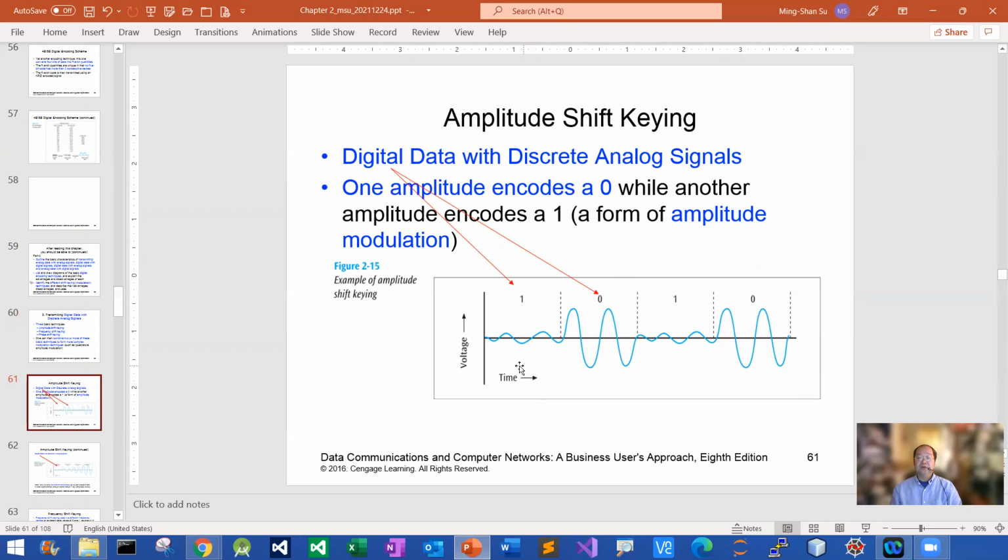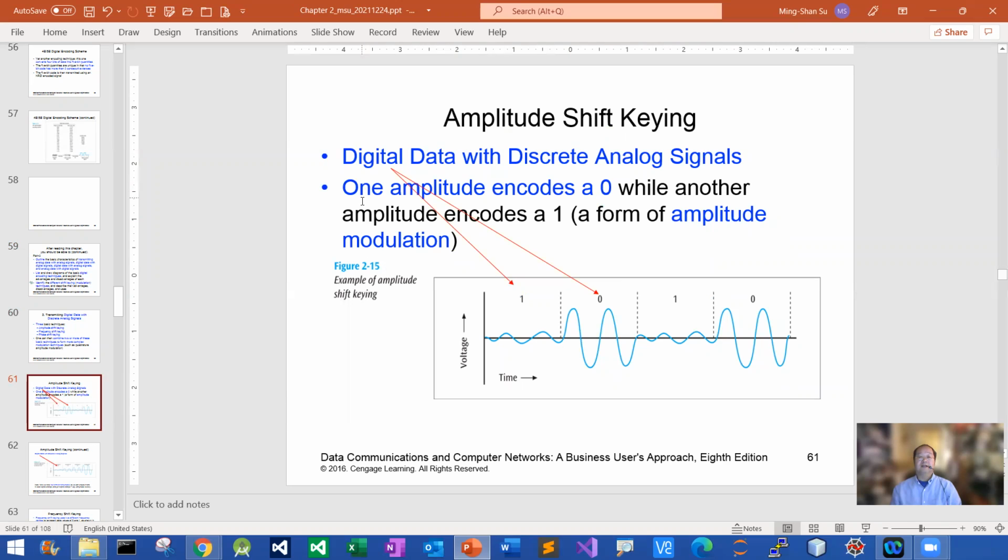If we look at the signals here, you can see that it has two different amplitudes. Amplitude means the height of the wave. This one is pretty low, but this one is higher. You can see the frequencies are about the same, so that's why it's called a discrete analog signal.